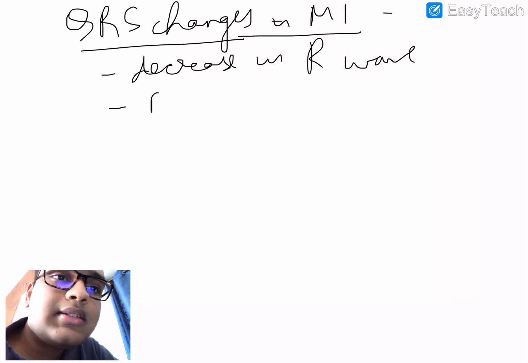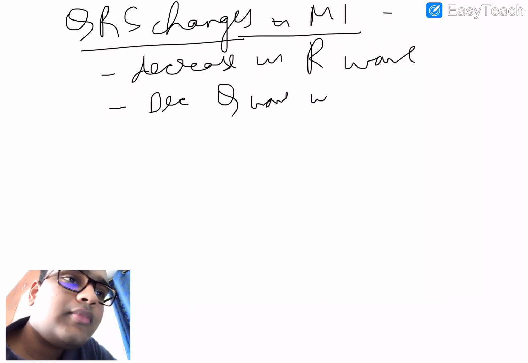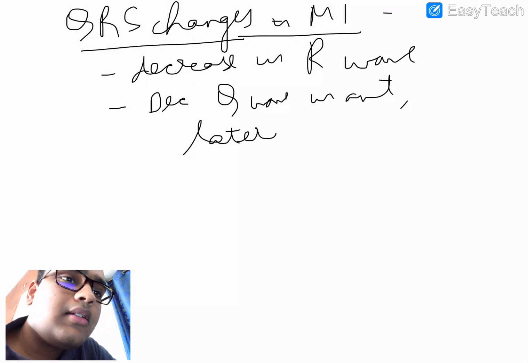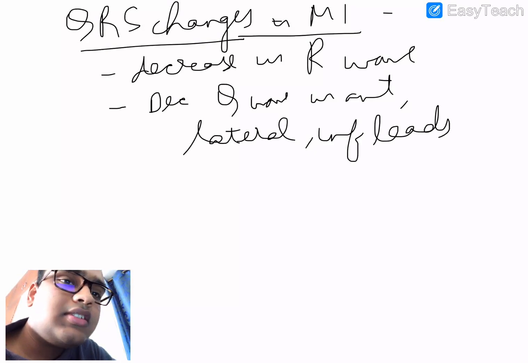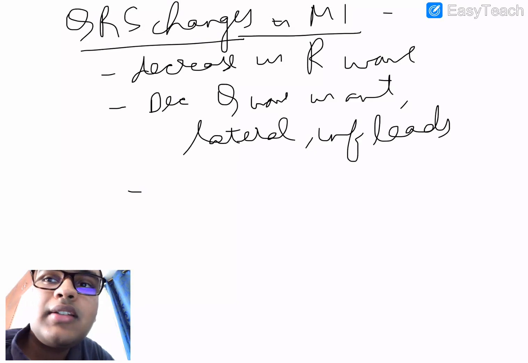The second is a decrease in Q wave in anterior, lateral and inferior leads.